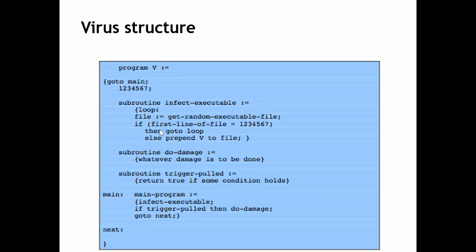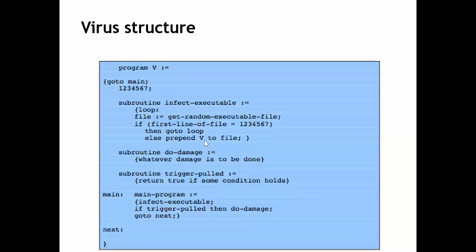If the first line of the code file has this same number, 1, 2, 3, 4, 5, 6, 7, then go to the loop and prepend this virus to this file. Prepend V to that file.